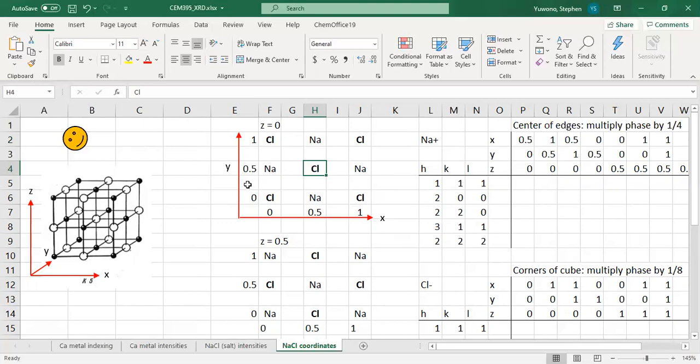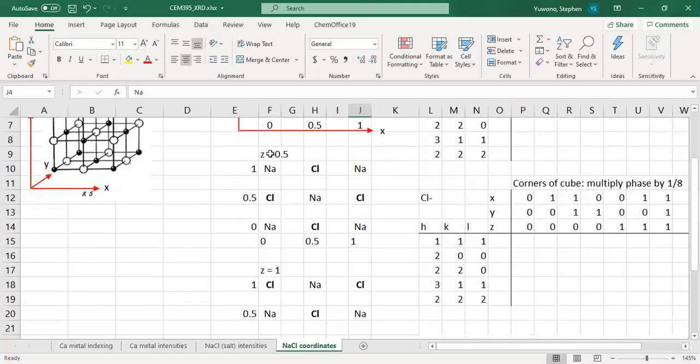Now for the sodiums, we can also do the same thing. For example, center of the edges, this one will be 0.5, 0, 0. This one will be 1, 0.5, 0, and so on and so forth.